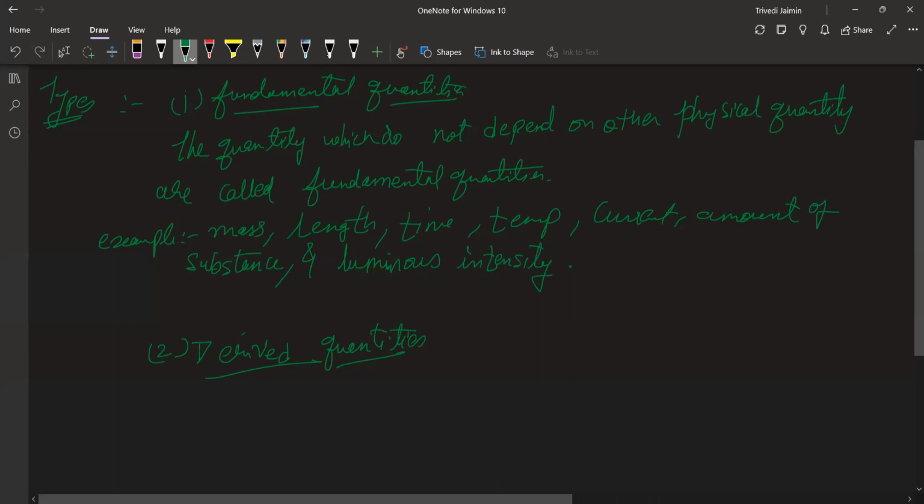The quantity which depends on other physical quantities. Come on, write in your own words and write some example. I want an example from everyone, one by one.